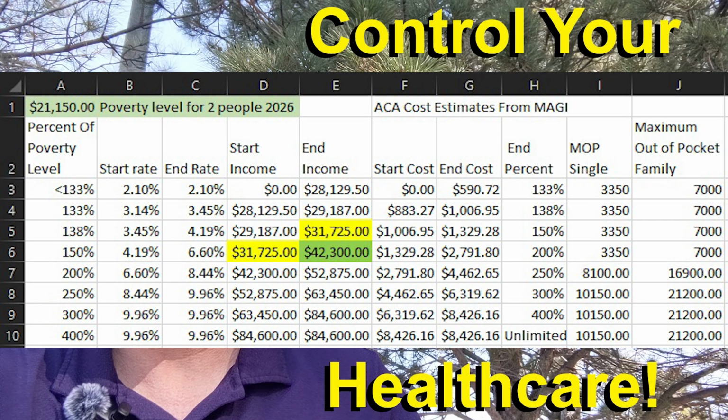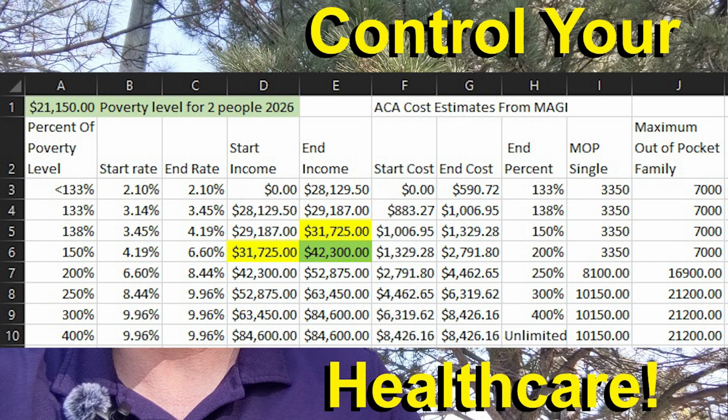Each of the poverty levels, like if you're looking on line 6, as you hit 150% of the poverty level, you'll pay 4.19% of your income, and it gradually increases until you hit 200% of the poverty level. And at 200%, that's in column C6, which is 6.6% of your income. So that's kind of how you read those.